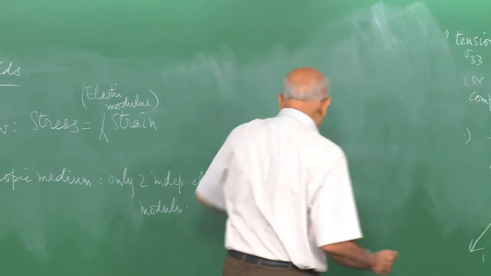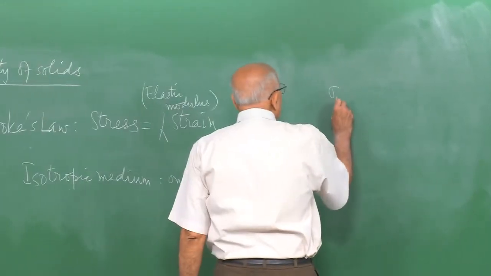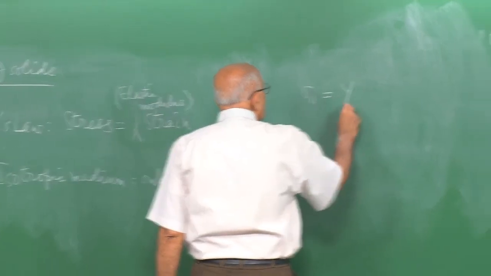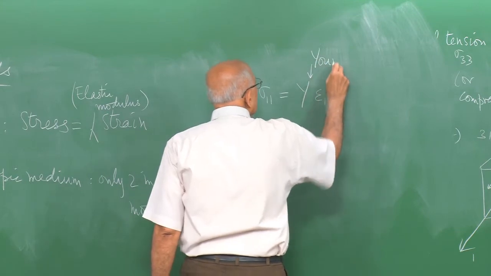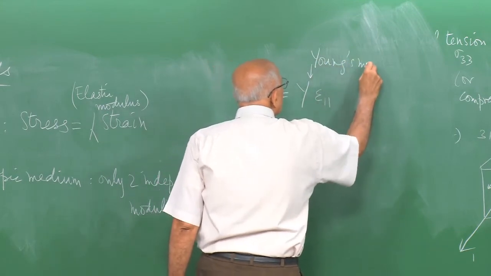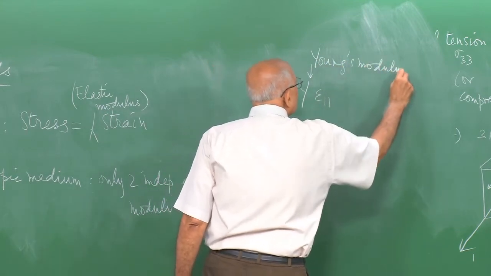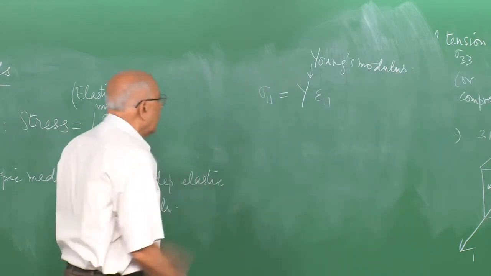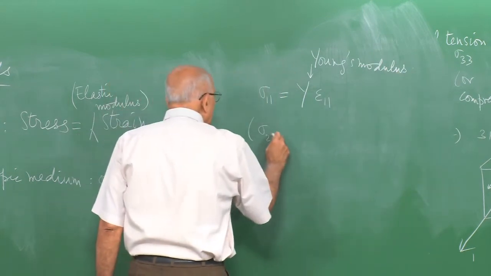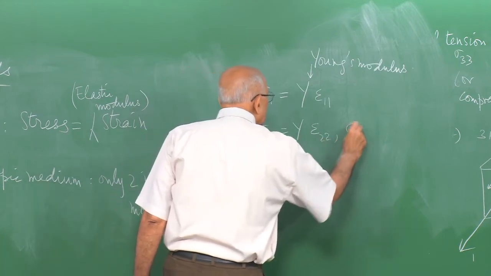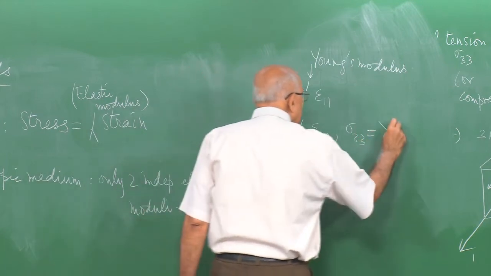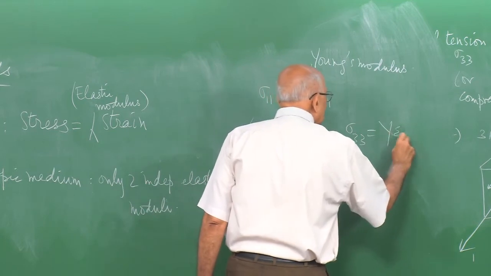Under tension, you know that sigma 11 is equal to the Young's modulus Y times epsilon 11, and this is called the Young's modulus. And since it's isotropic, sigma 22 is the same Y times epsilon 22, and sigma 33 is equal to the same Y times epsilon 33.